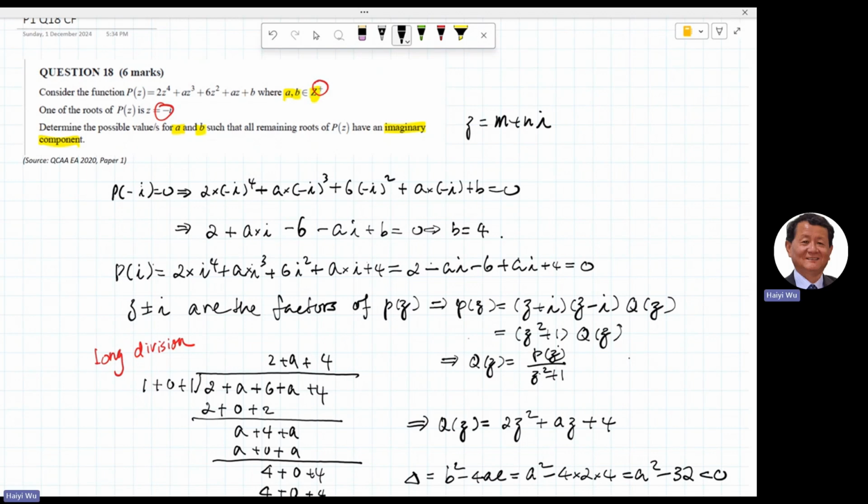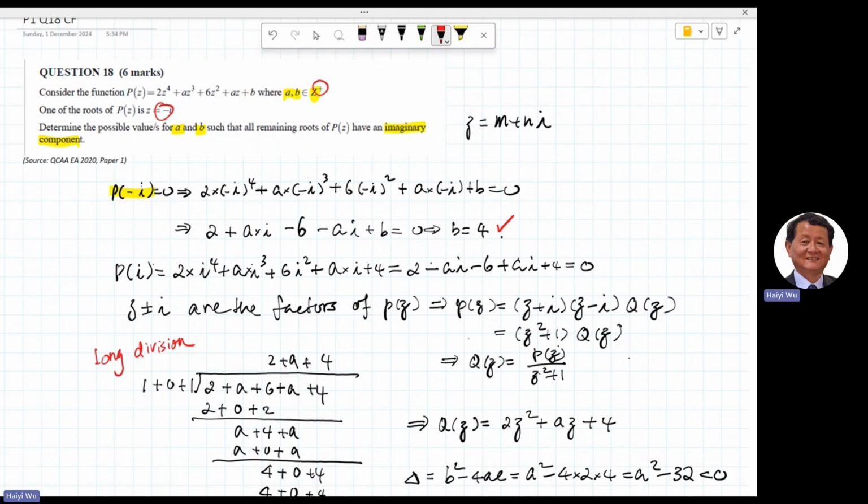First, we're given that z equal to negative i is a root. So we can plug it into the polynomial p(z), which must be equal to 0. We substitute into that, simplify, and because it equals 0, b must be equal to 4.